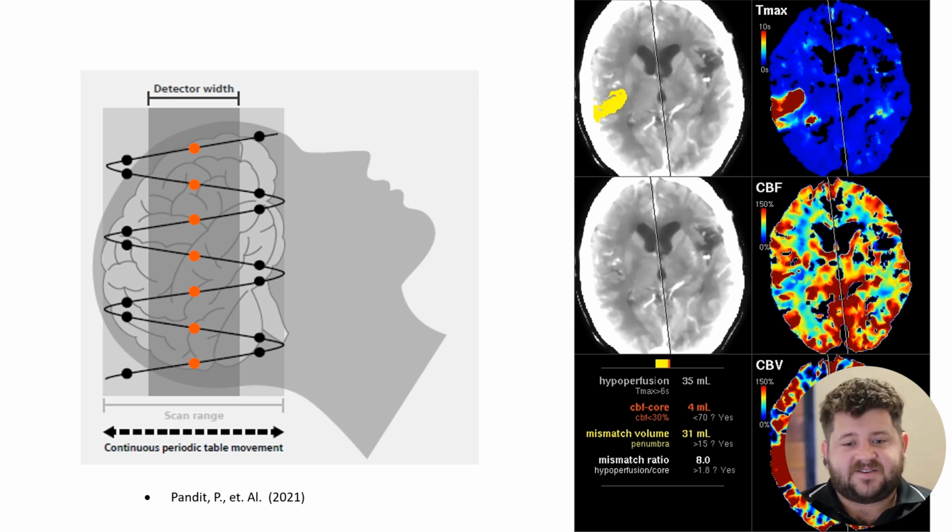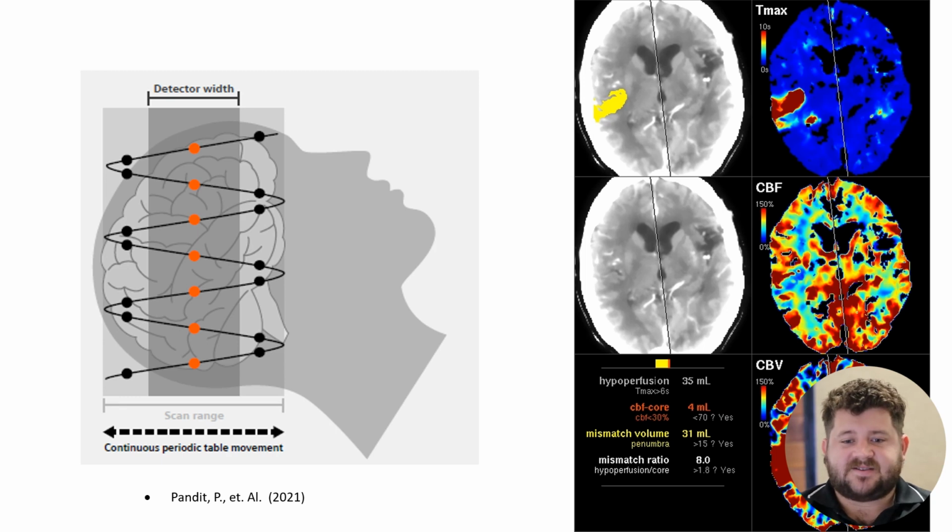So in the context of perfusion imaging, we're essentially using our contrast bolus and how this flows through the brain and mapping that to the physiological process of that blood transfer to try and give us an idea of how that blood is moving through our brain and if there are any deficits.